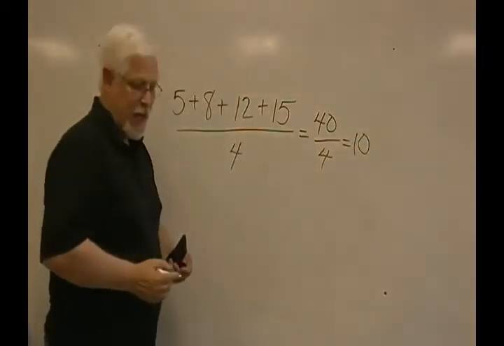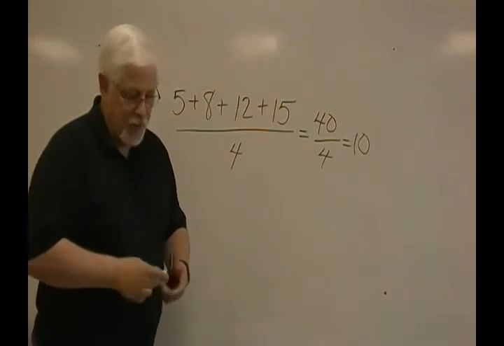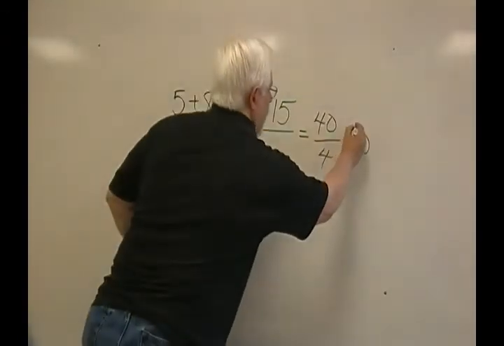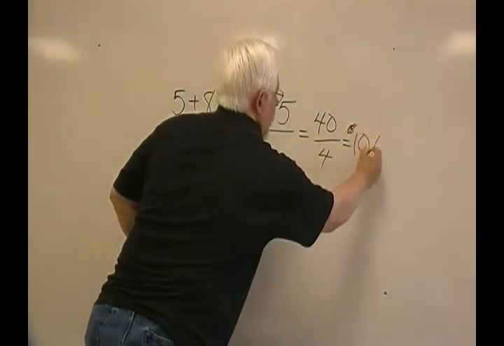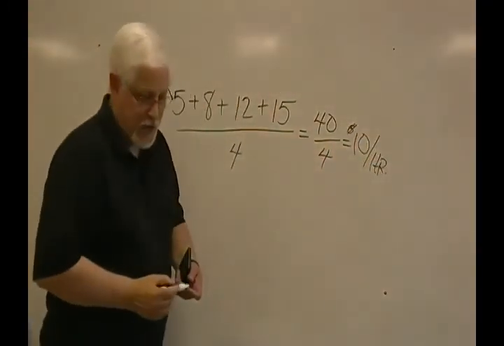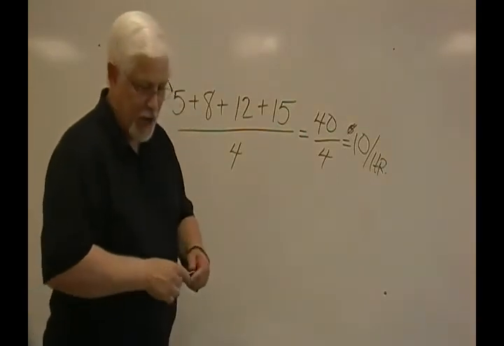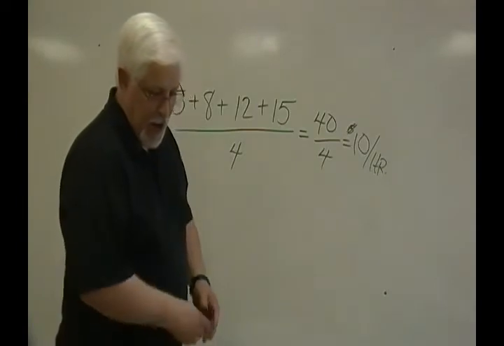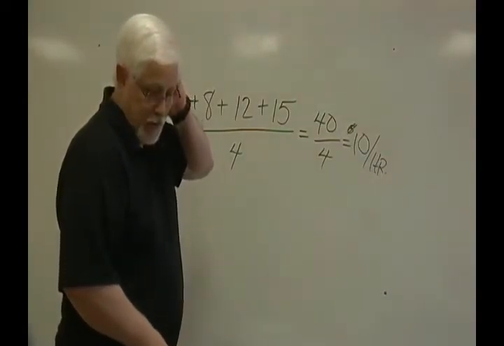The answer is 10. And in this problem, the answer would be $10 per hour, because it asked for the mean salary, or the average salary. Okay? Now, for the median.